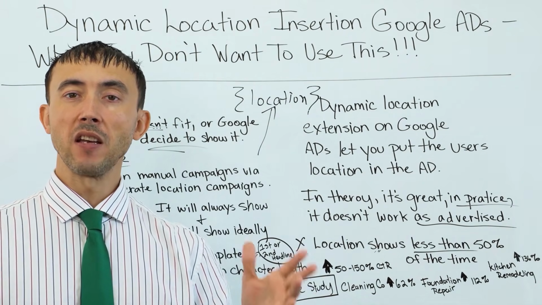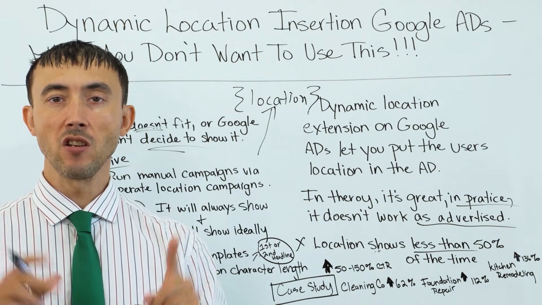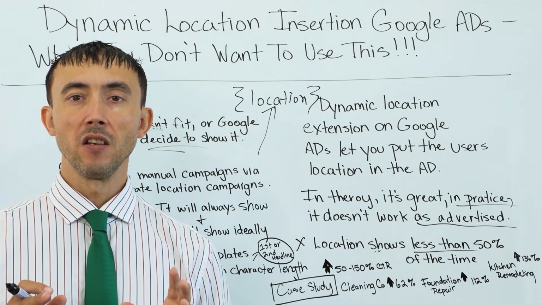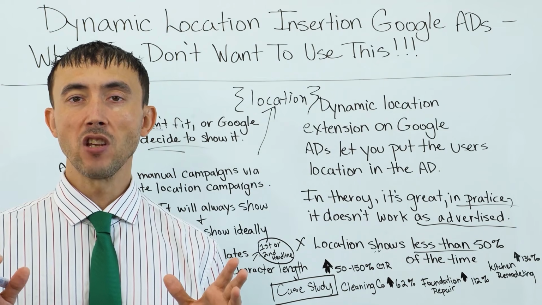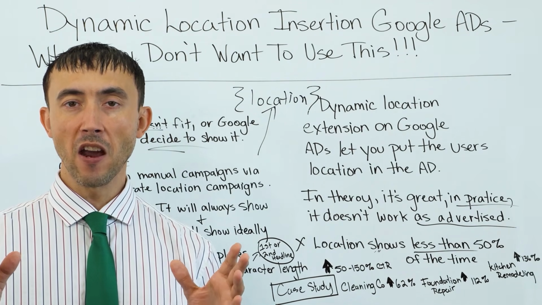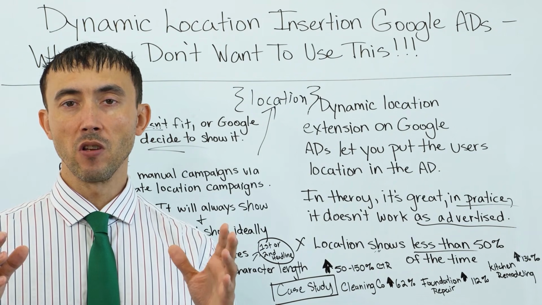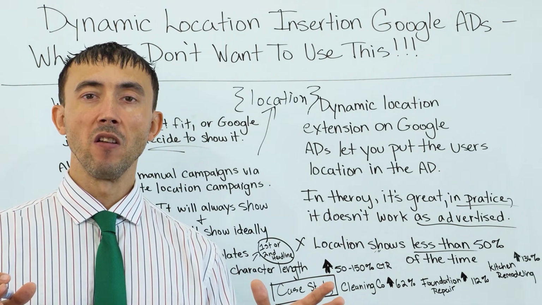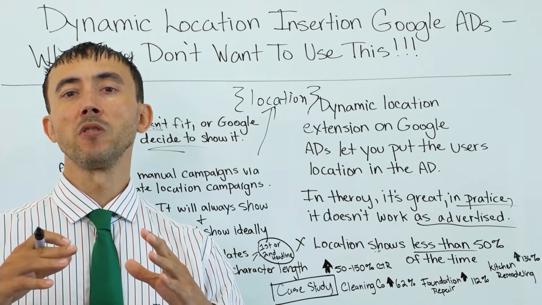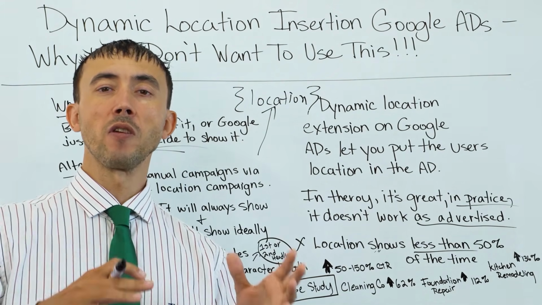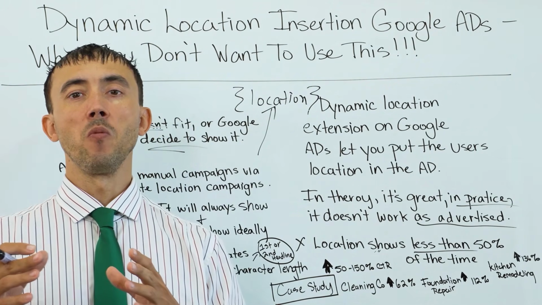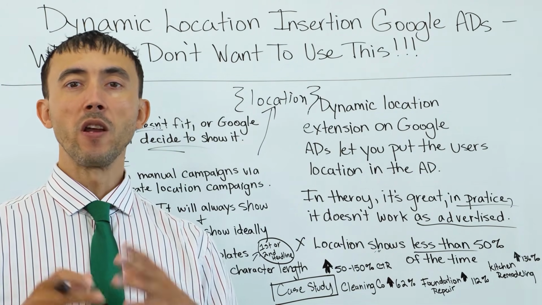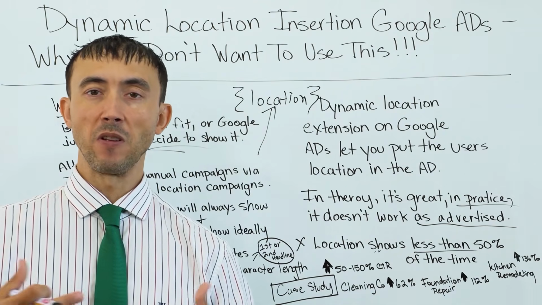That's important because we want it to show up, but in addition to that, we can really control what the user sees, because each location has a different length of characters to name that location. Lincoln Park is a longer location than Naperville. So when our ads are set up for our Lincoln Park campaign, we've got to rearrange our ad to make sure Lincoln Park actually fits in the ad.